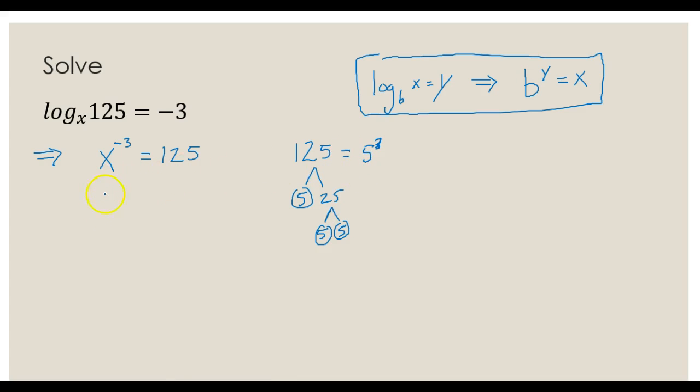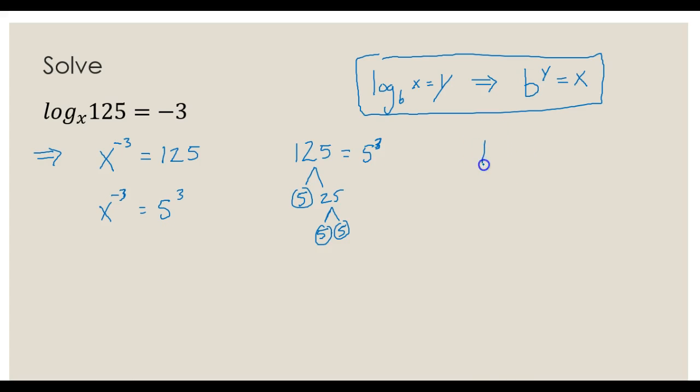So we can write x to the -3 power equals 5 to the 3rd power. Well, that looks almost the same. The idea here is that if we can get the exponents the same, then the bases must also be the same in this equation. The only thing that's different is that the x is to the -3rd power and the 5 is to the 3rd power. So what does that negative power do?